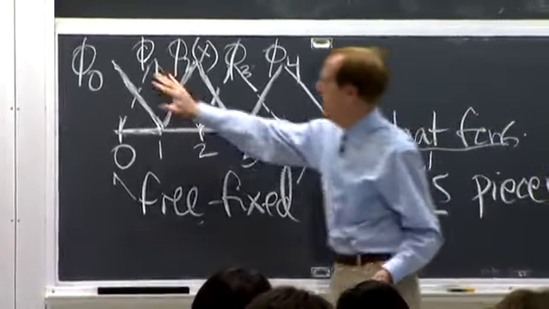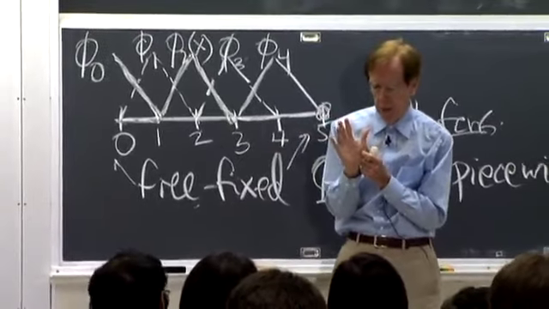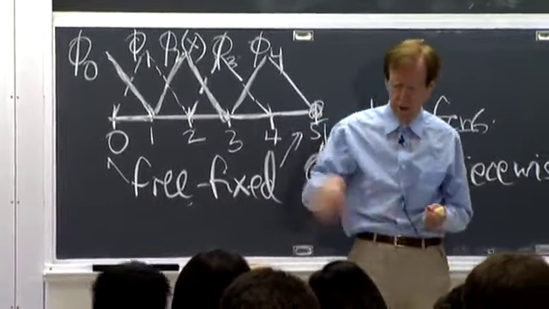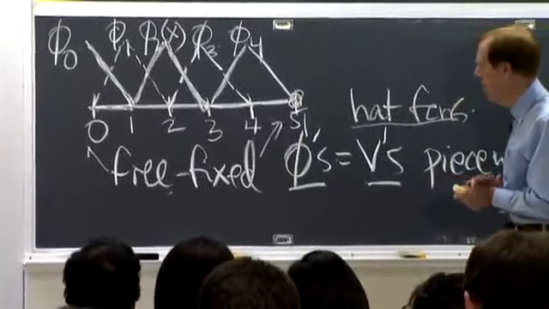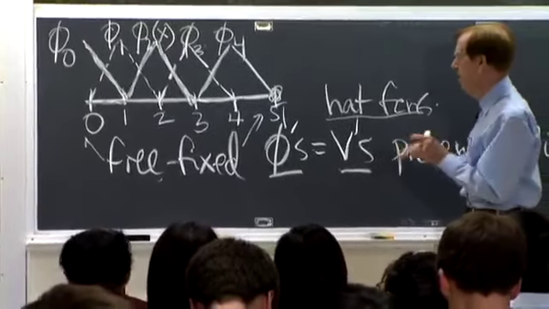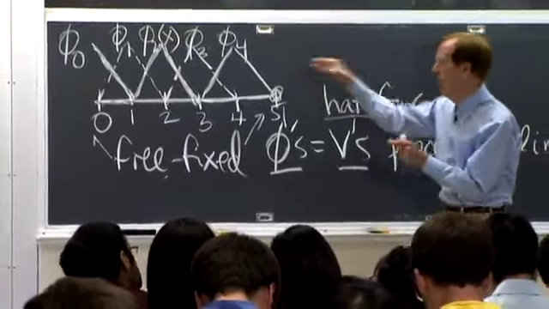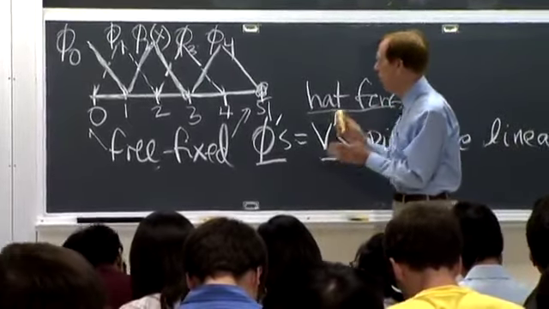So I'm going to have 5 functions, and they will also be my 5 test functions. Let me first think of them as the trial functions, phi. So what was the point about trial functions?